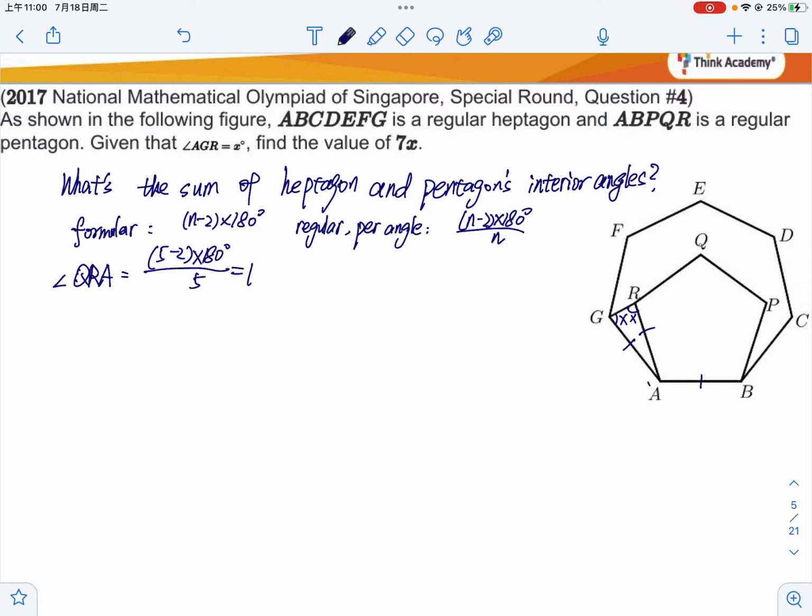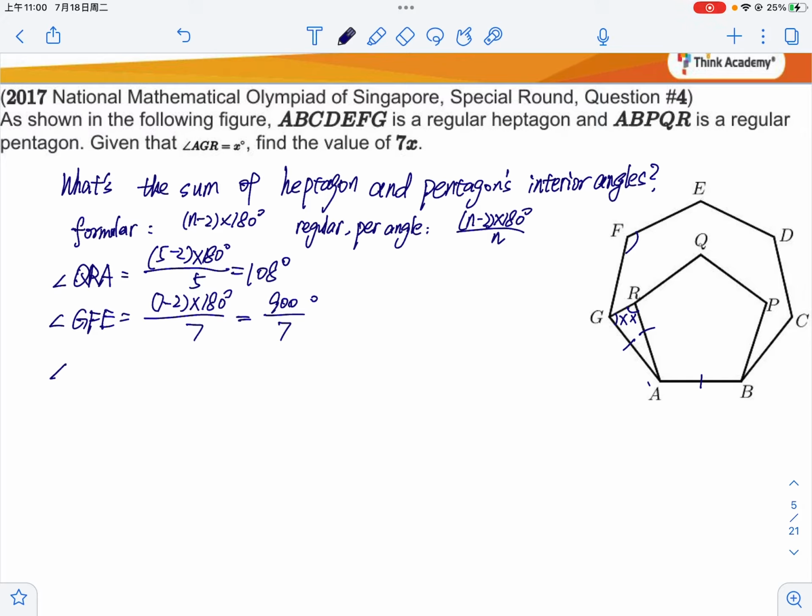The answer is 108 degrees. Okay, next, tell me what's the angle of GFE. You know GFE? We want to calculate the bigger heptagon angle. Just use the same method: 7 minus 2 times 180 degrees divided by 7. So the answer is 900 divided by 7 degrees.